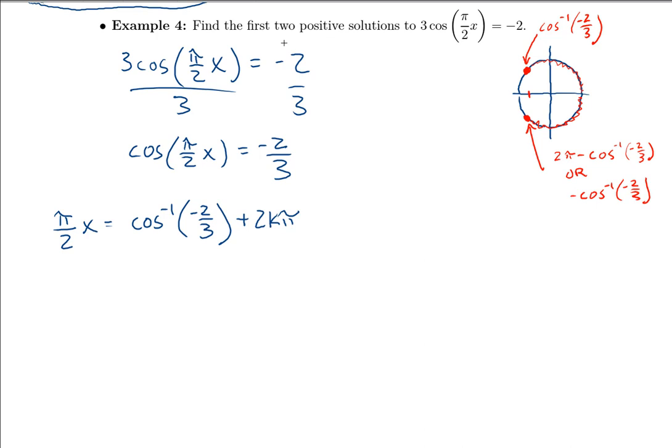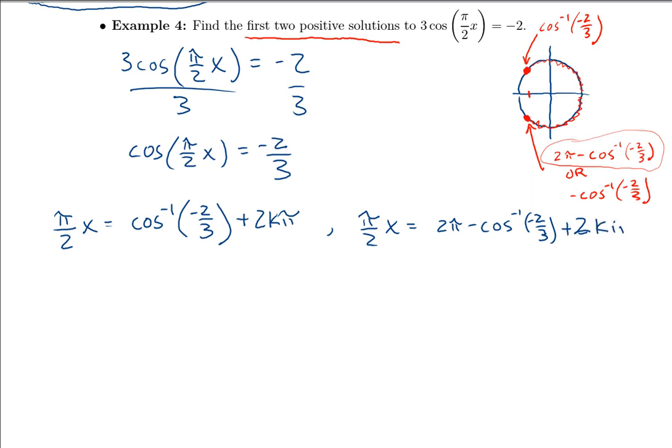But what I would say is that they're asking for the first two positive solutions. So in light of that, I understand that this is going to be negative, this is going to be positive, so I think I'm going to use this one. But you could still end up with the right answer regardless of which one you chose. So this will be pi over 2x is equal to 2 pi minus the cosine inverse of negative 2/3 plus 2k pi.